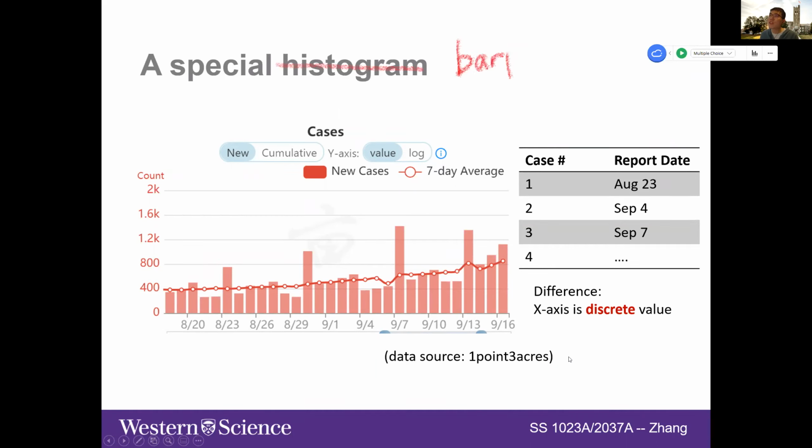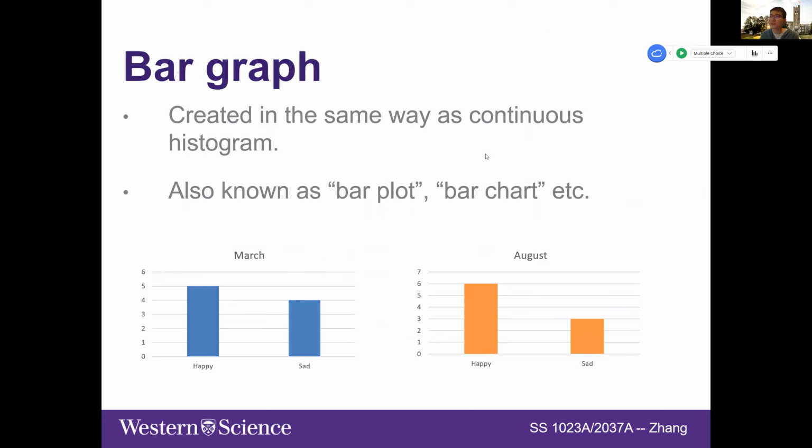For this histogram for discrete data, we have a special name, the bar plot. After today's lecture, we are going to use histogram to refer to the histogram of continuous data, and bar plot to refer to the histogram of discrete data.